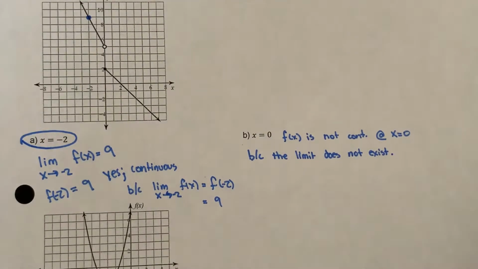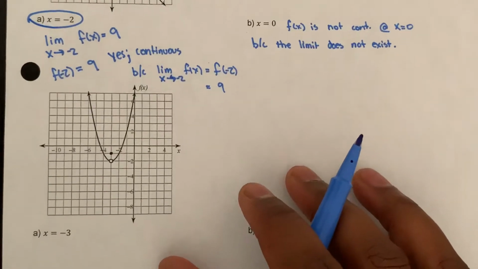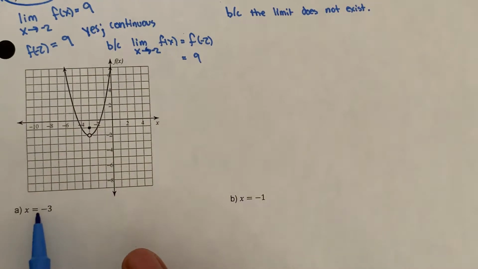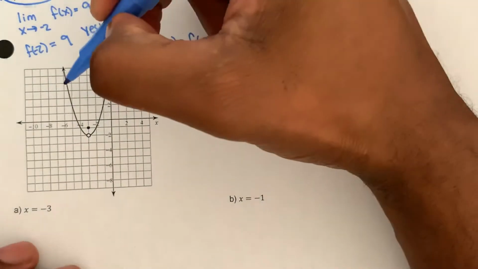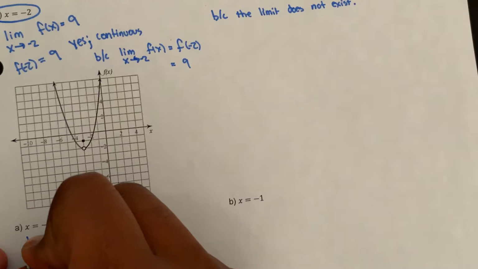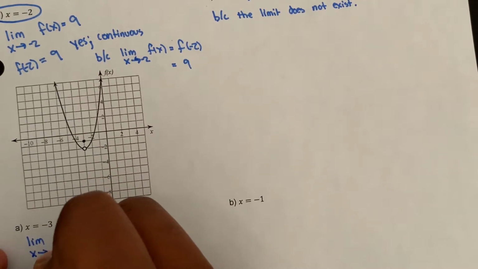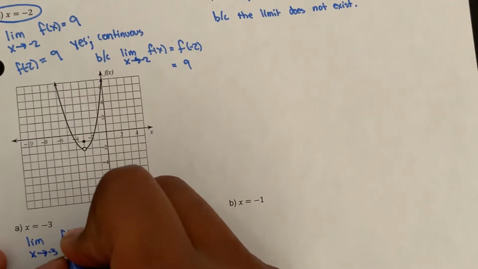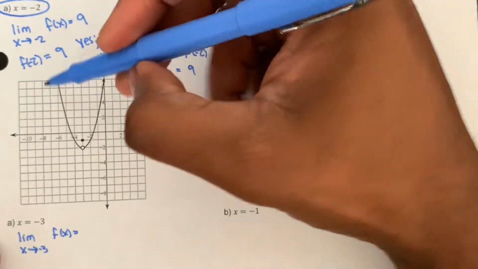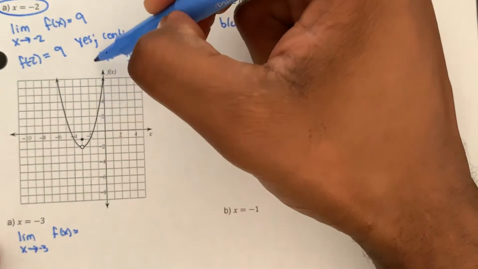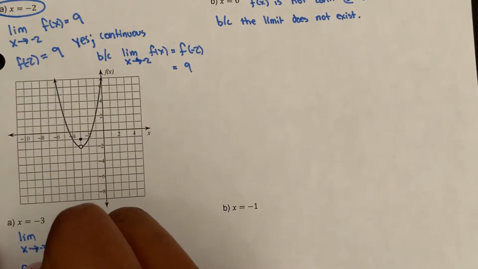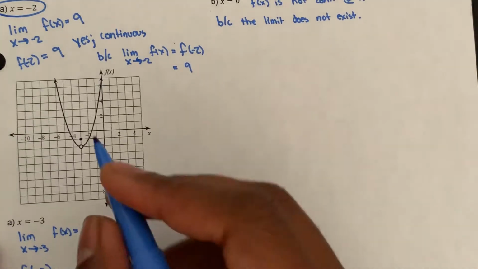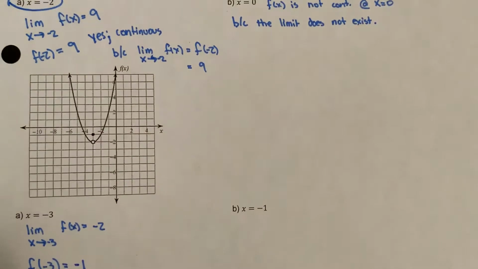For the next example, we have a parabola where we're determining if the function is continuous at x equals -3. The limit as x approaches -3 of f of x: both the left limit and the right limit are -2, but then f of -3 itself is -1.